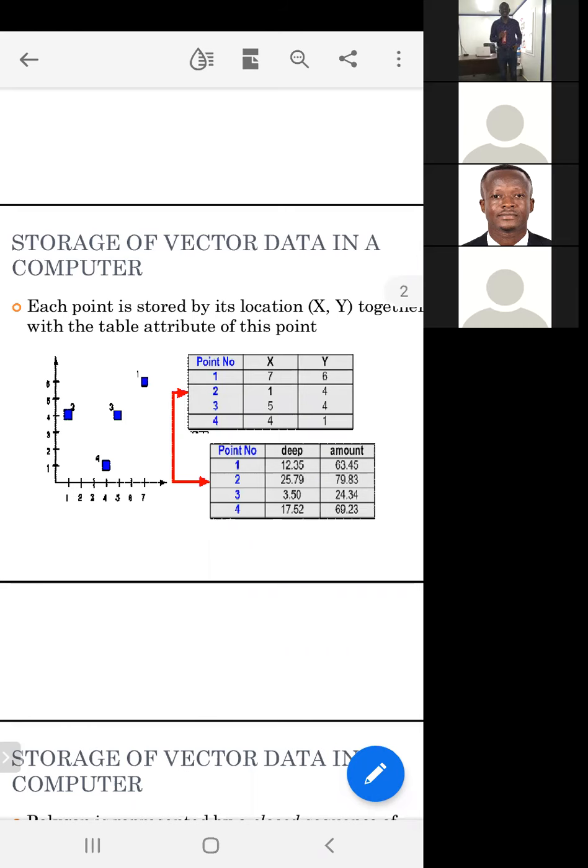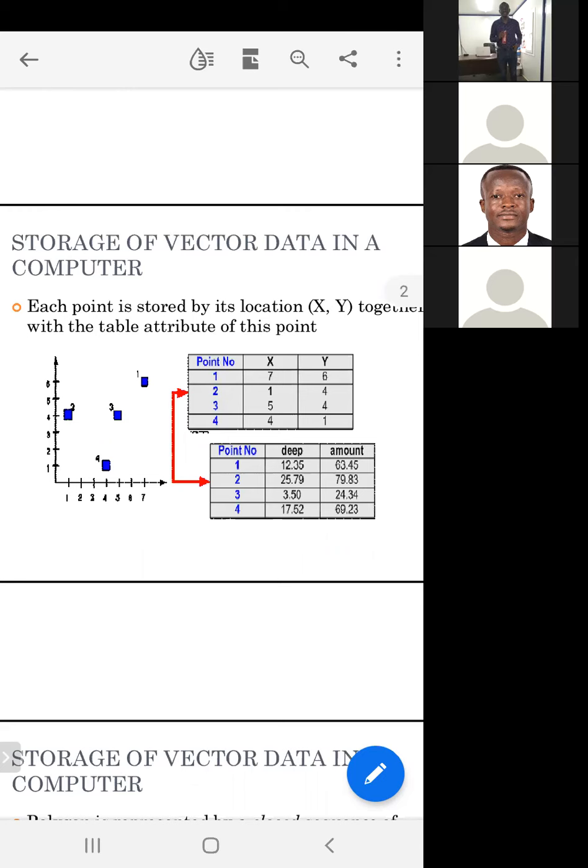But this is for you to understand the model. So point 1 is stored at 7, 6, the coordinate. Point 2 is stored at 1, 4. So you can see that there's a table, and the computer has to store it that way. Now, when you look at this other table below, here we are storing the attributes of the point, and we are linking the two tables.